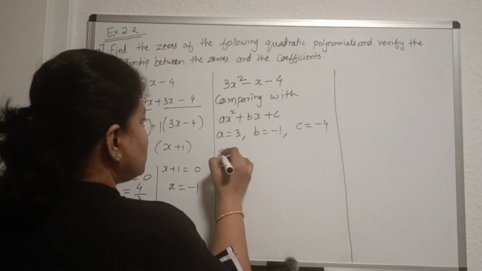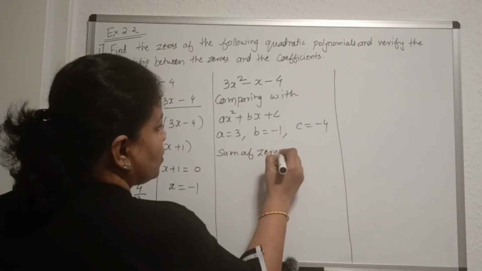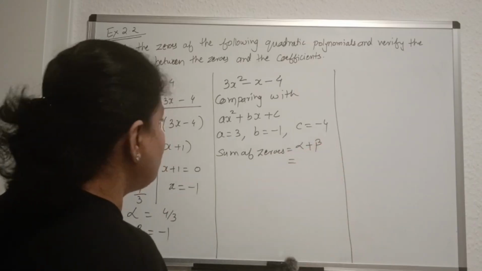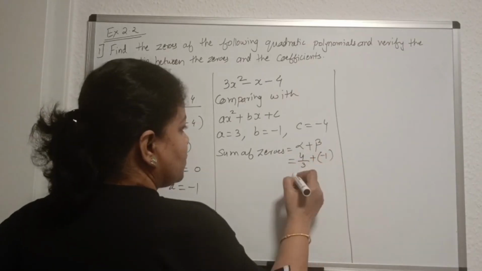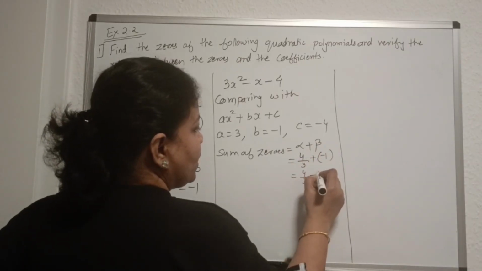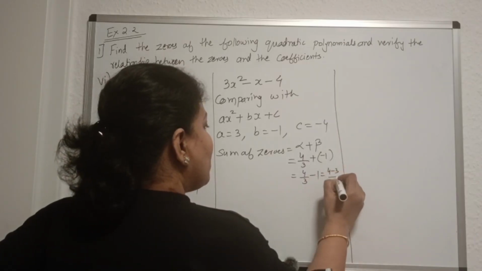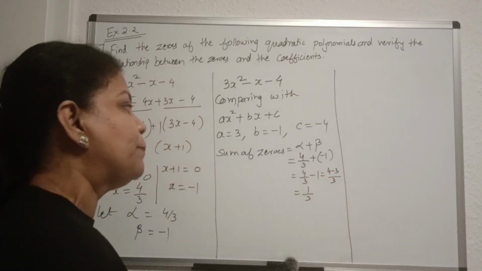Okay. First you will see the relation, that is sum of zeros. You will manually add them first. Alpha plus beta we will add manually. Alpha is 4 by 3 plus beta is minus 1. 4 by 3 minus 1, you will get 4 minus 3 by 3, that is 1 by 3.